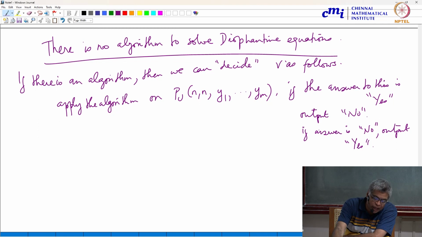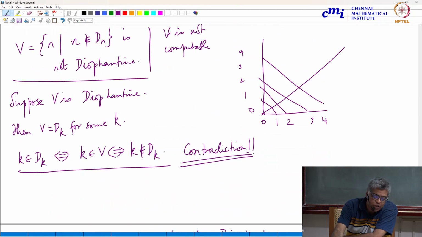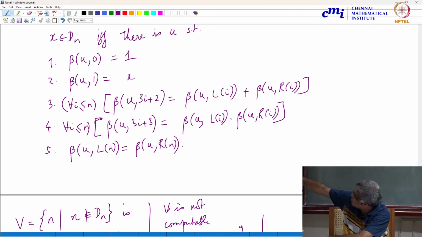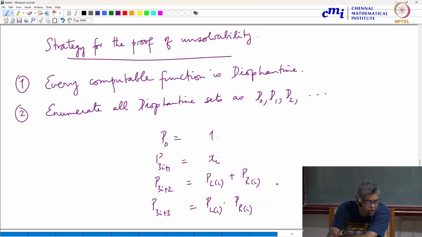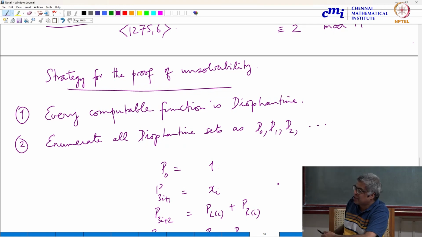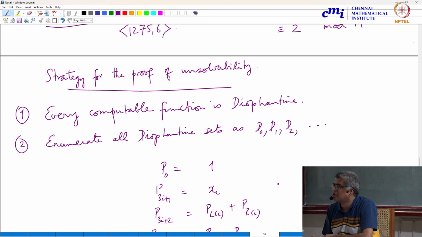One of the main things is showing that these sets are closed under bounded universal quantification, and the beta function plays a role even in showing that every computable function is Diophantine, to show that for loops and while loops can be simulated using these equations. I've given you the references, so maybe you can take a look at those and have more fun on your own.